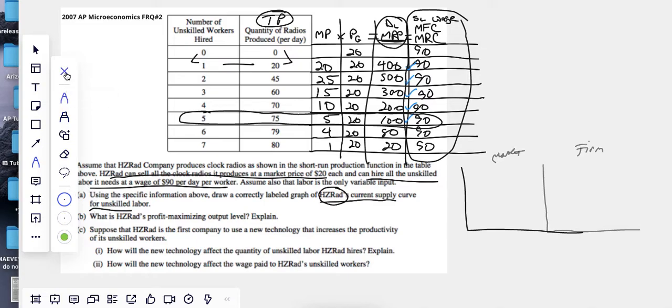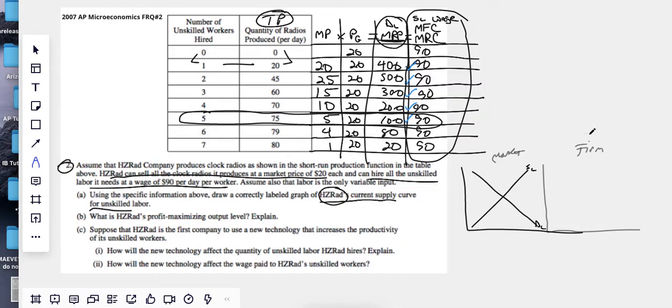All right. So the market is simply an upward sloping supply of labor, downward sloping demand for labor. The firm, though, remember now, the firm is what we call a wage taker. It is a perfectly competitive labor market. We can tell that because the wage does not change. So that implies they're wage takers. That means the market sets the wage.